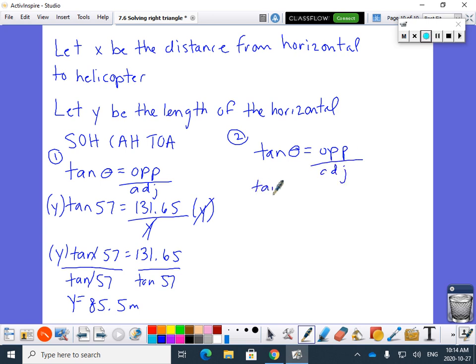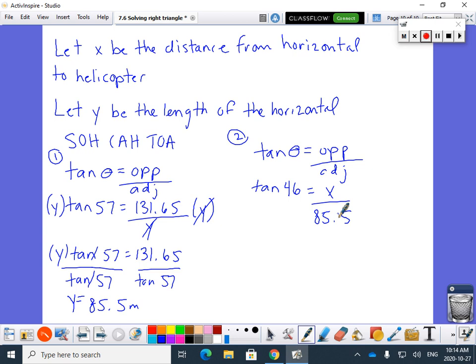What's theta? Good. Opposite. Do we have it? What did we label the opposite? Good. What's adjacent? Okay, so see how we needed to get that value in order to do this?